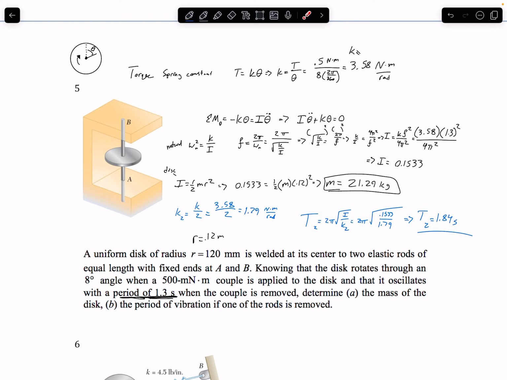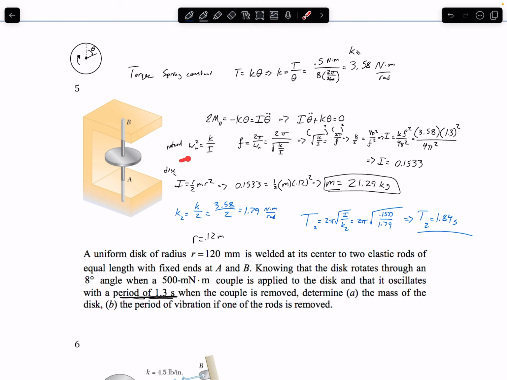Then we have a moment about the origin: negative k theta is equal to I alpha. After some rearranging, I alpha plus k theta is equal to 0.